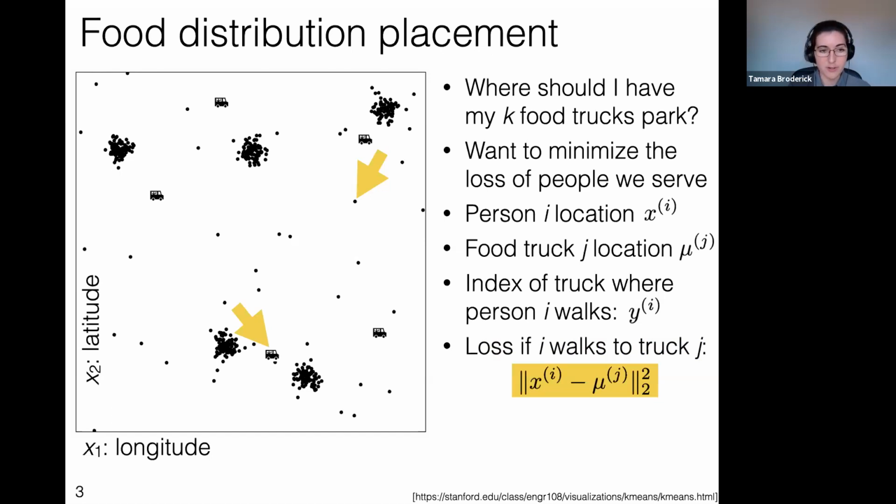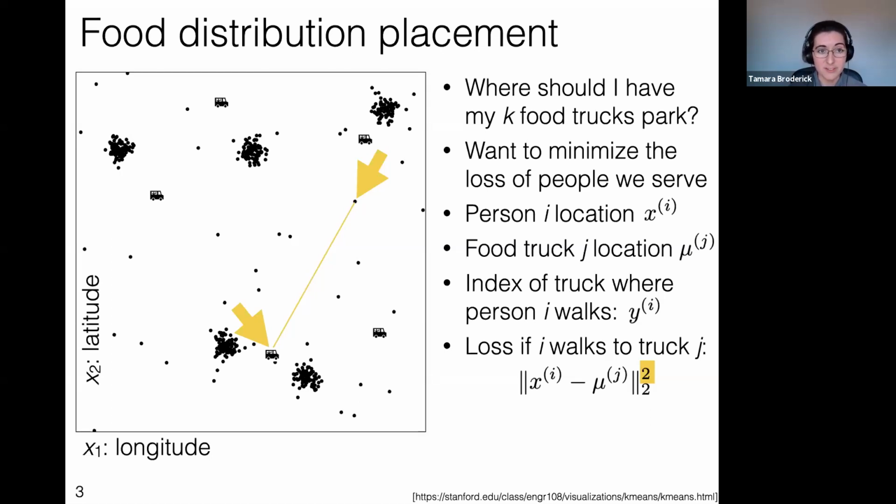We're taking, from this particular point, from wherever this person lives to the food truck, the Euclidean distance, and then we're squaring it. One reason that we might consider squaring the Euclidean distance in a loss here is that people really don't like to walk very long distances. Having 10 people walk 0.5 miles is not the same as one person walking 5 miles. 5 miles is prohibitive.